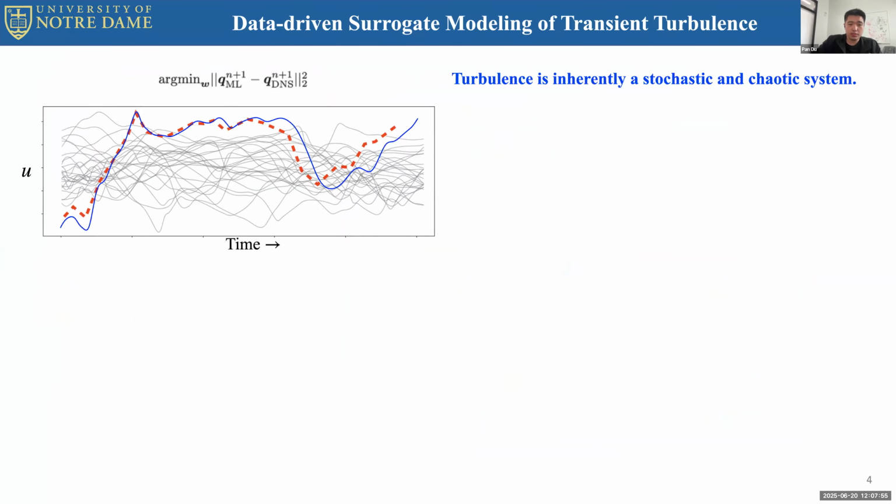And those supervised learning surrogate models have another disadvantage: turbulence in nature is an inherently stochastic and chaotic system. So if you start from a starting flow field, it can evolve into multiple realizations because there is inherent randomness in those turbulence flows.